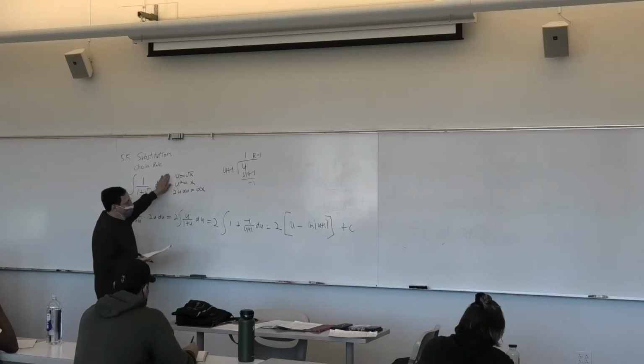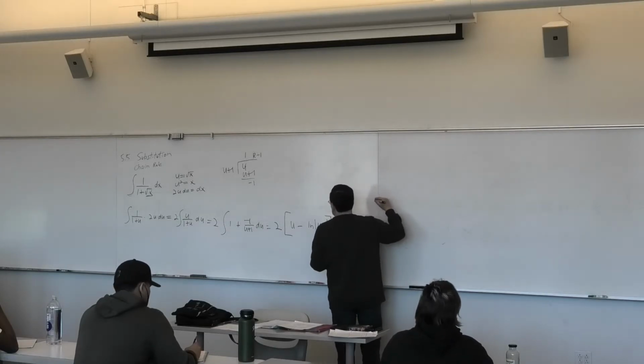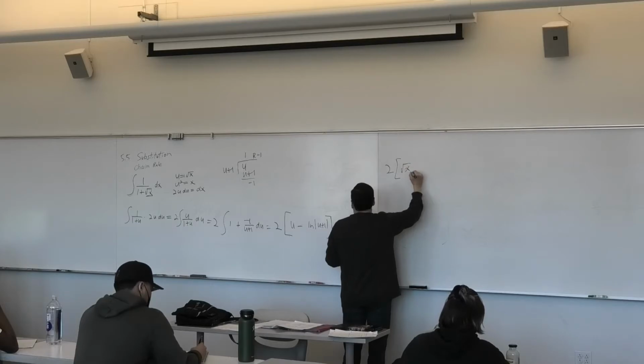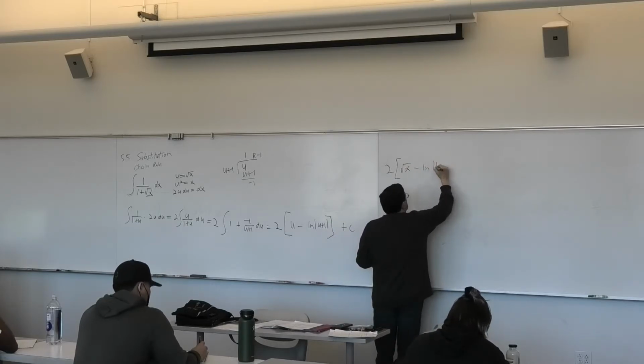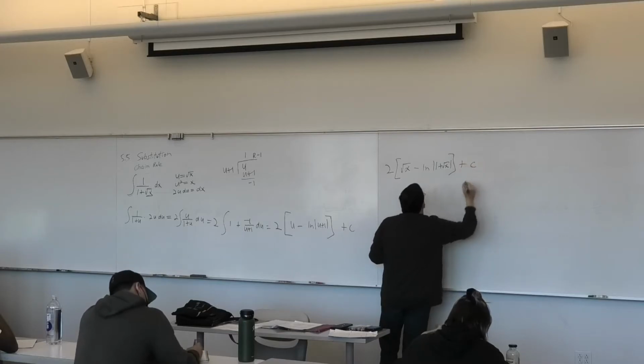And again, we're going to go back to our substitution in reverse. 2 times square root of x minus log of absolute value of 1 plus square root of x plus a constant.